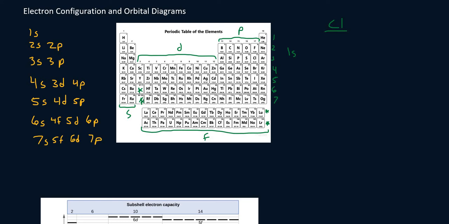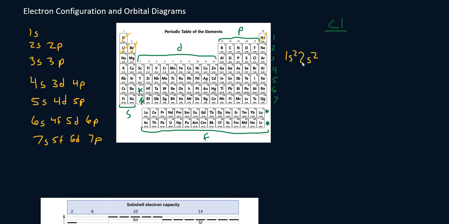I should probably write this in a different color. So we start with 1s, 1s1, 1s2. Those both get filled up. Then we go down to 2s2, which is right here and right here.